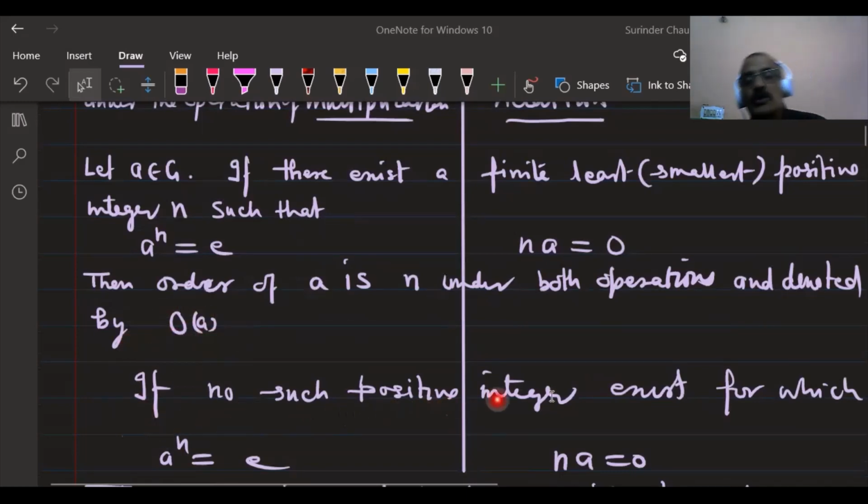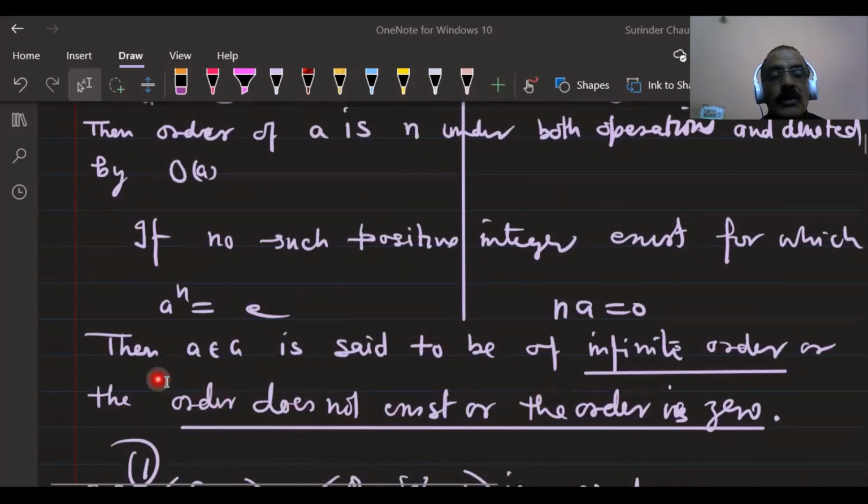If no such positive integer exists for which a to the power n is equal to e under multiplication, or n times a is equal to 0 for addition, then a belongs to G is said to have infinite order.